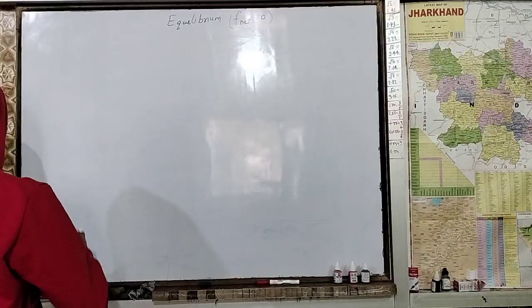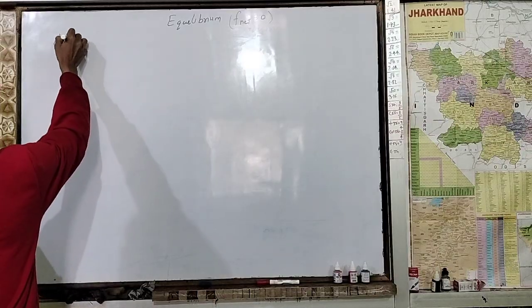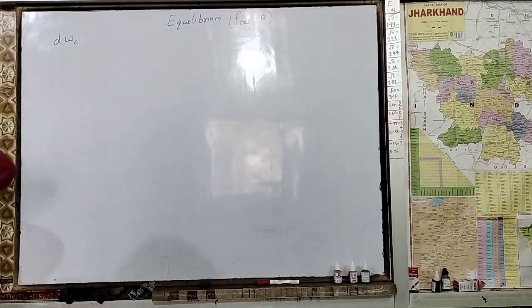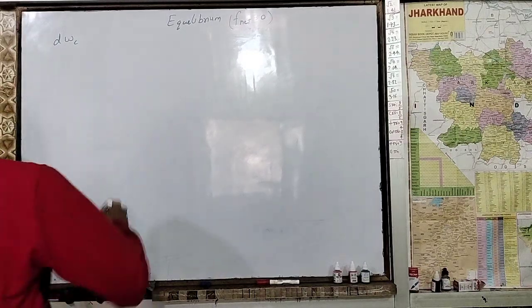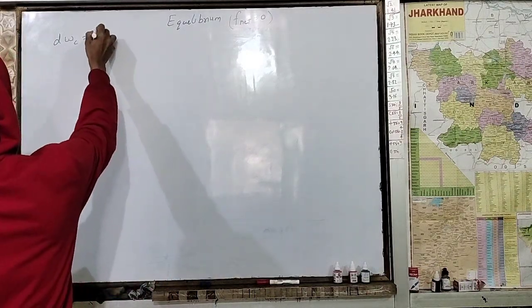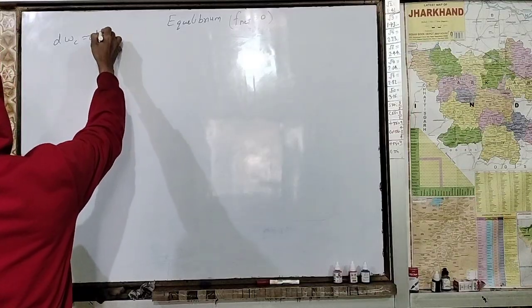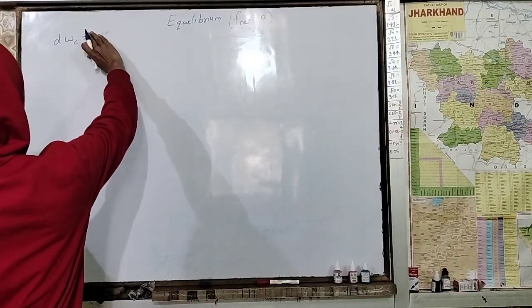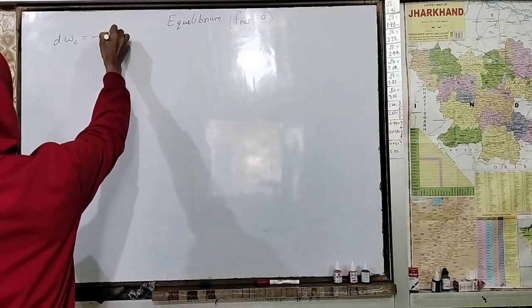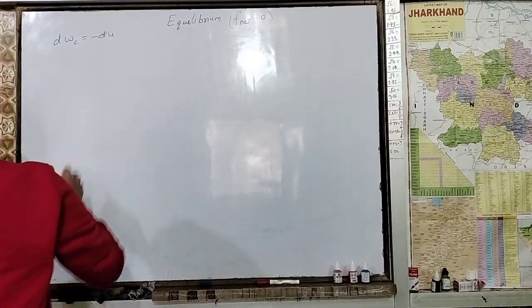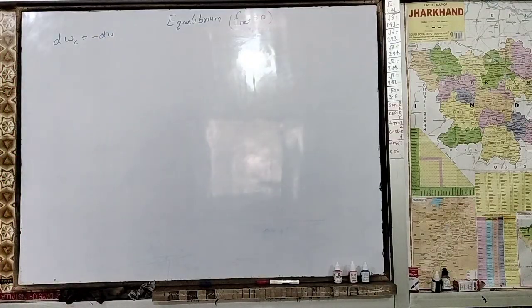Now, work done by conservative force W_c will be equal to minus dU, where U is the potential energy.